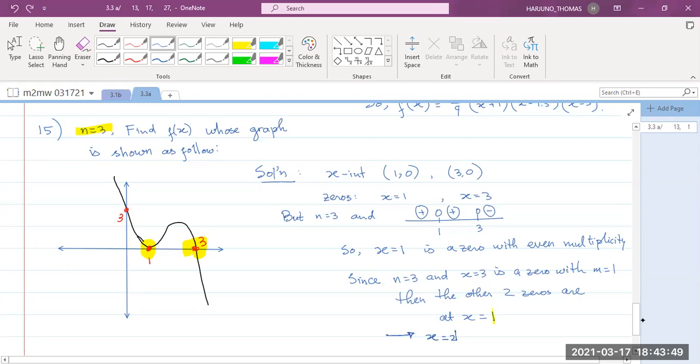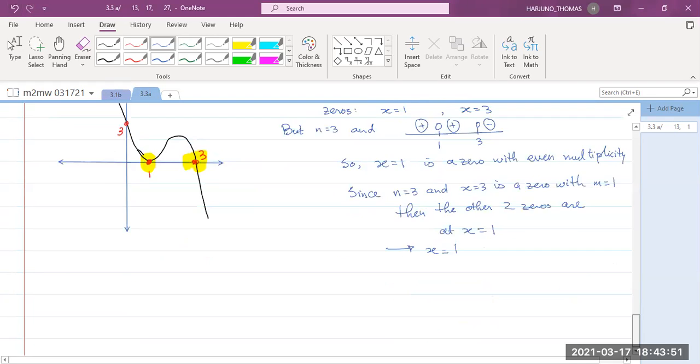What happened? 1 is a zero with multiplicity of 2. In other words, our zeros now are x equals 1 with multiplicity of 2 and x equals 3 with single multiplicity.